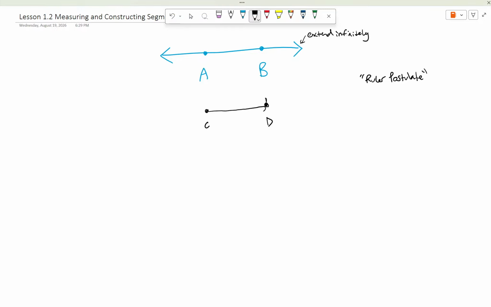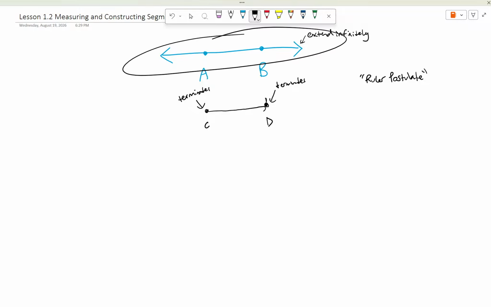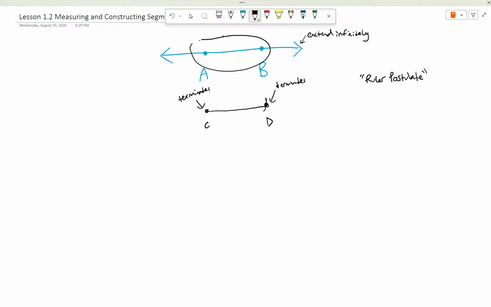Now, what this does is it has made a segment here. Both of these terminate, or in other words, it ends. It terminates here and it terminates here. So while this line extends infinitely, there is a confined amount of space in between these two points A and B, which we can define as this line segment.